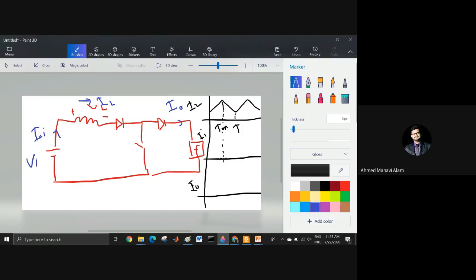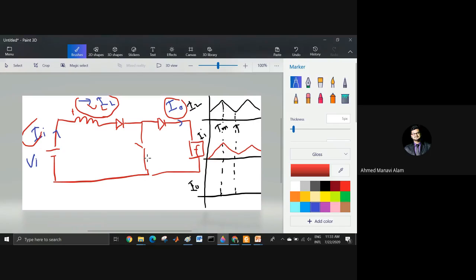The fundamental, very beautiful part is that in this case current IL and current II are the same. That means the input current will follow the inductor current, but the output current you are not getting every time.